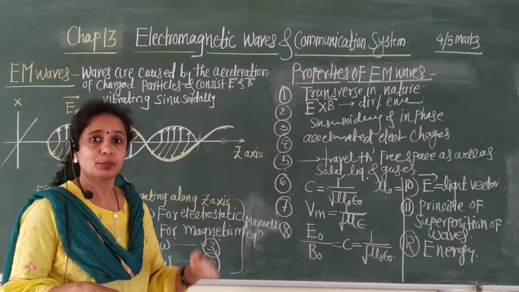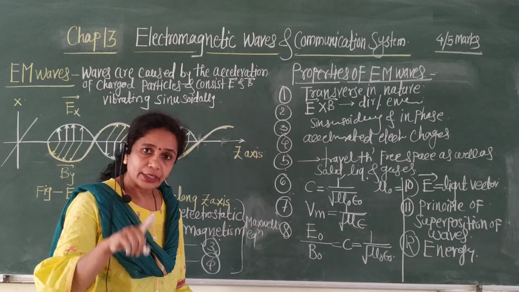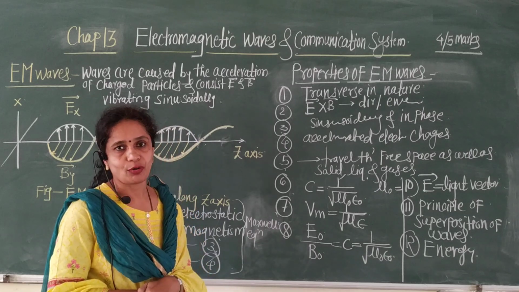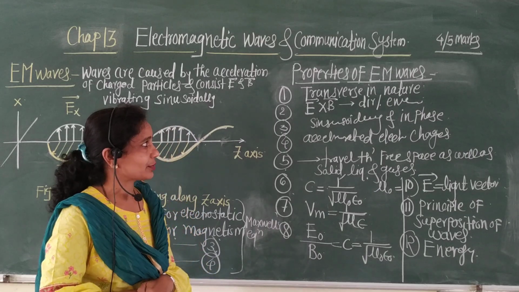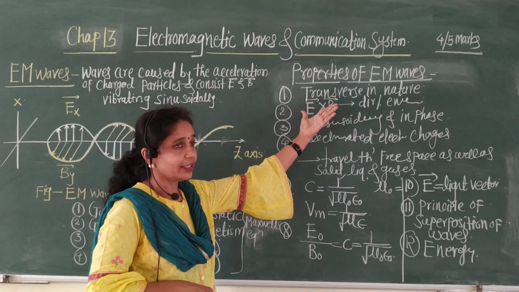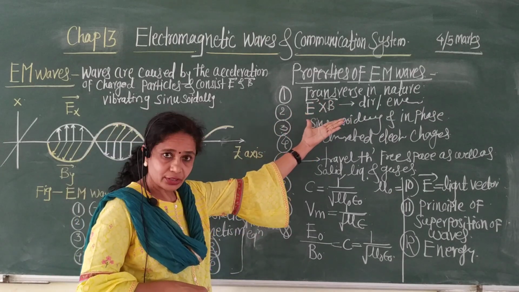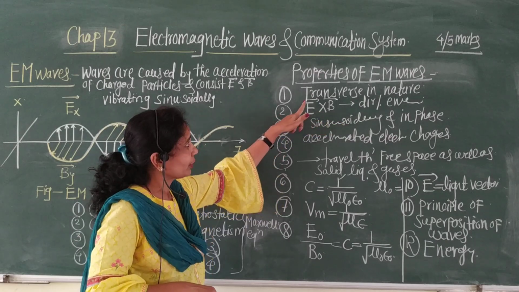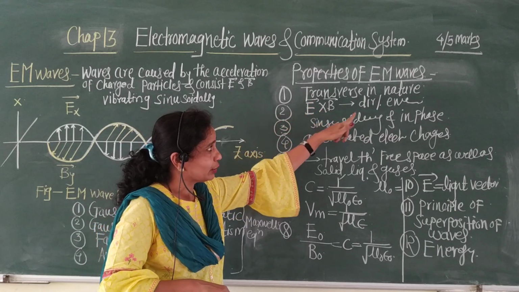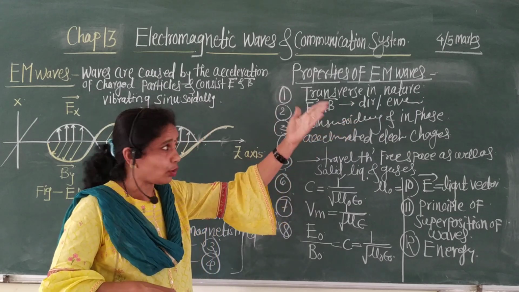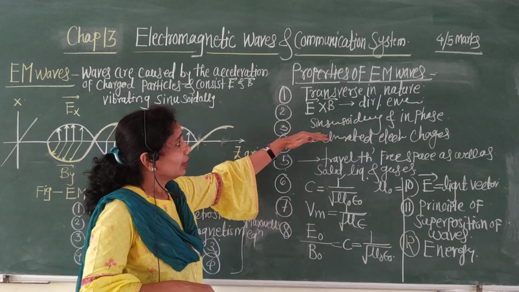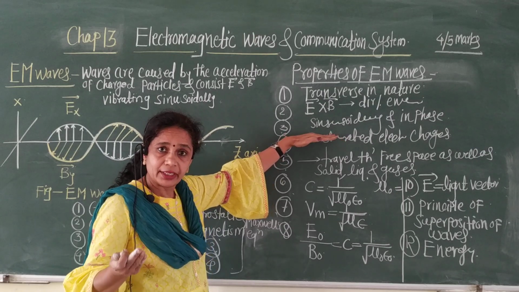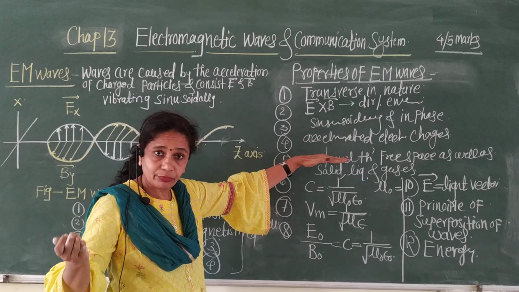All these are the properties or characteristics of electromagnetic waves. First is related with the transverse nature of electromagnetic waves. Then the cross product E vector cross B vector gives the direction or energy of electromagnetic waves. Then electromagnetic waves vary sinusoidally and are in phase.